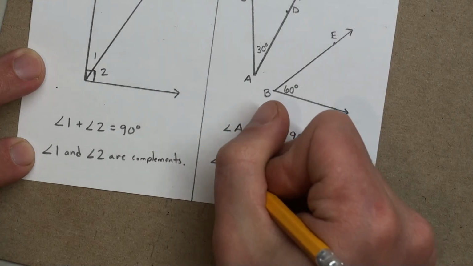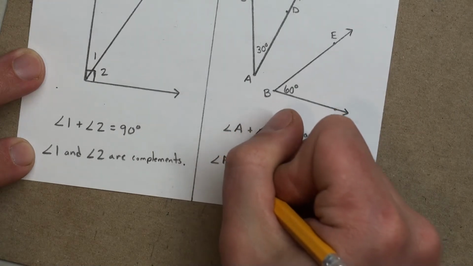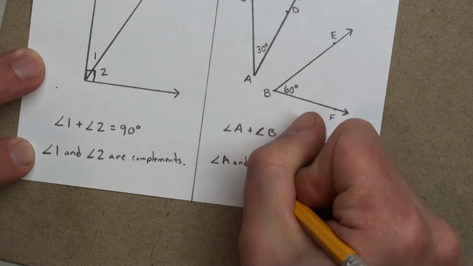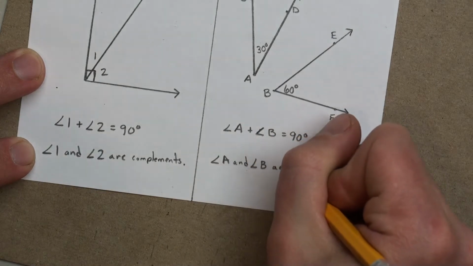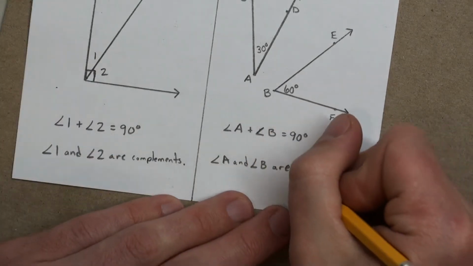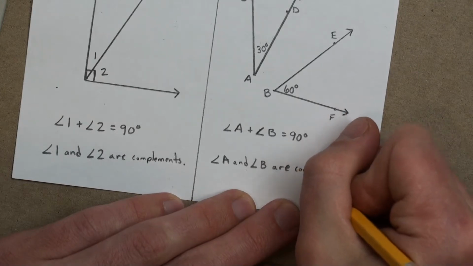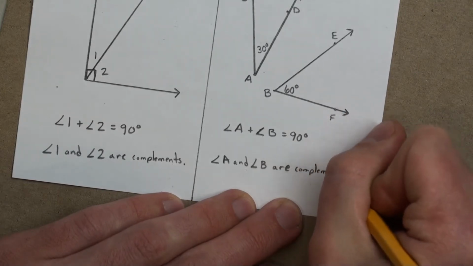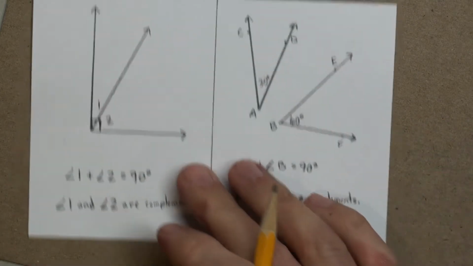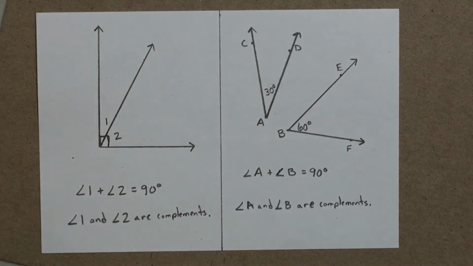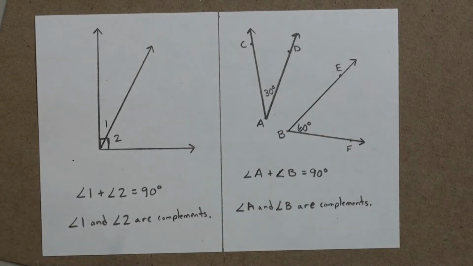So angle A and angle B are complements. So they don't have to be adjacent. They could be separate also. Okay? That's the point. That's 66.